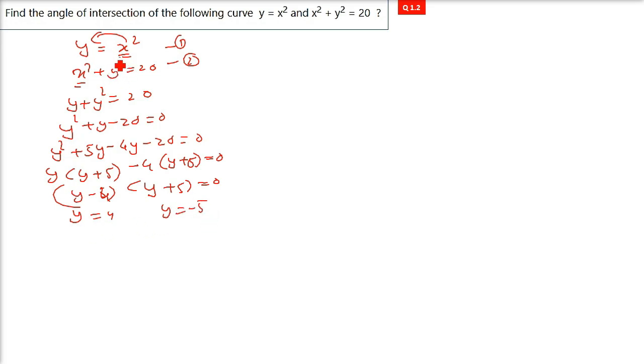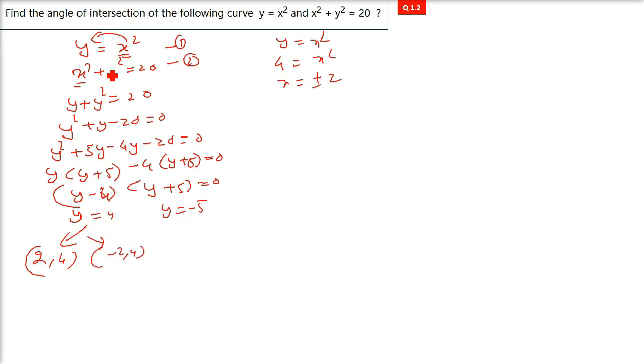Now in any equation you can put it, because the corresponding value of x also has to be computed. x square is equal to 4, so x will be equal to plus minus 2. In one case you get x equals plus minus 2, that is for y equals 4. One time you get x is equal to 2, so the coordinate point will be 2 and 4. Next time you will get negative 2, so the coordinate point will be negative 2 and 4.